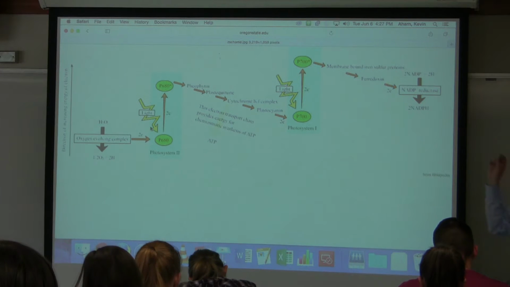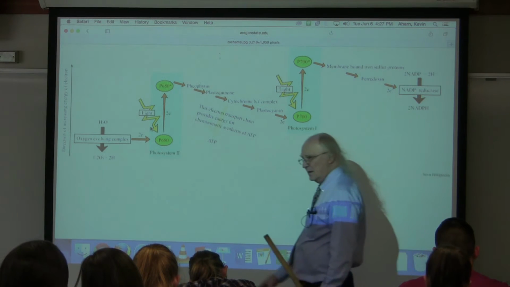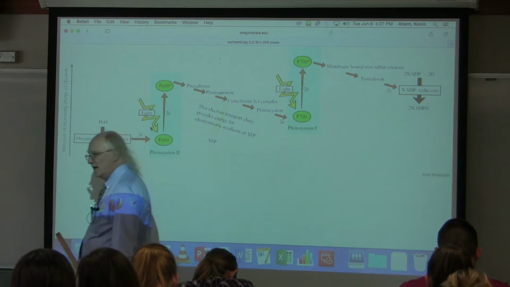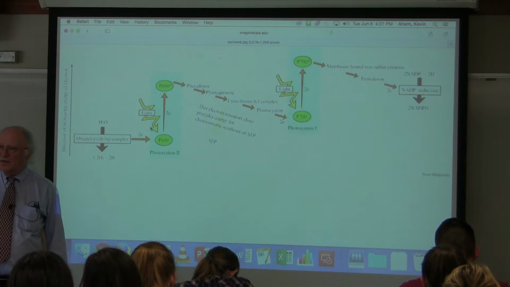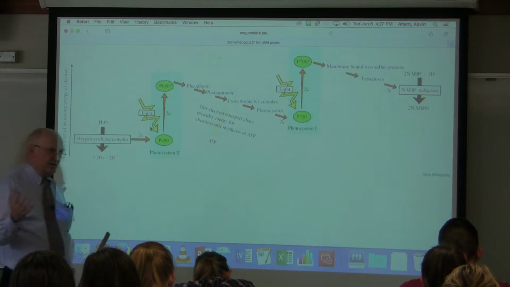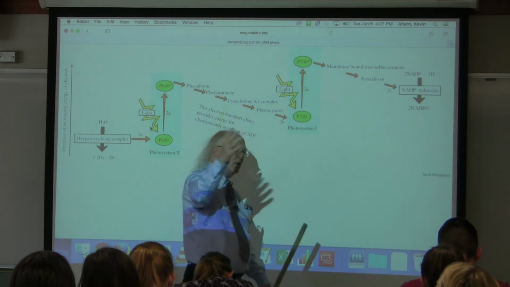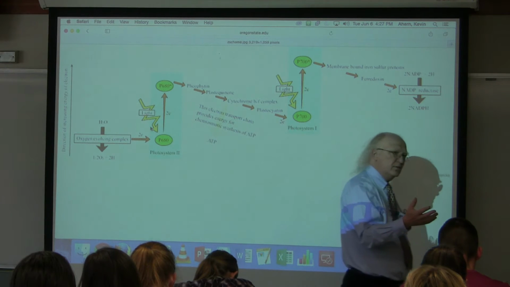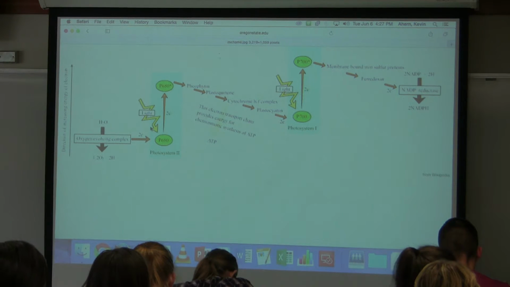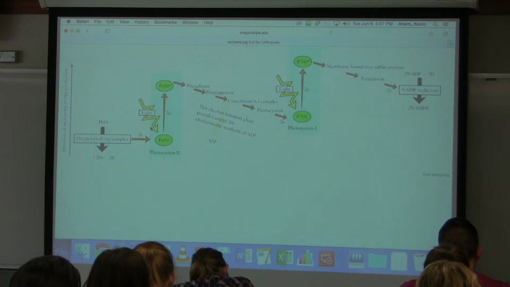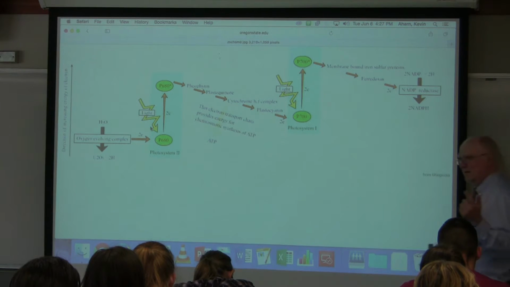So instead of going out of something, they're going into something. And it turns out that's not a big deal at all, because it's just another way of making a gradient. Instead of having a higher proton concentration out than in, these have a higher proton concentration in than out. And the protons now want to get out of the thylakoid space.